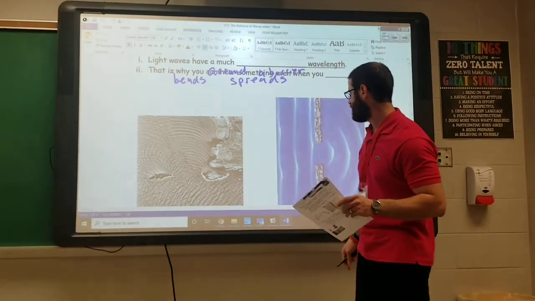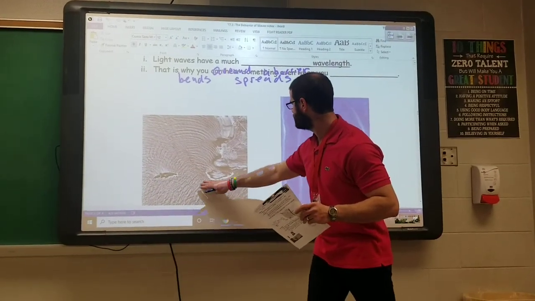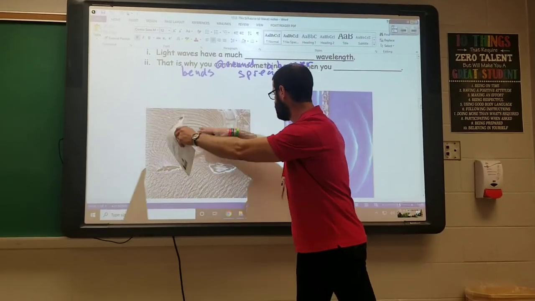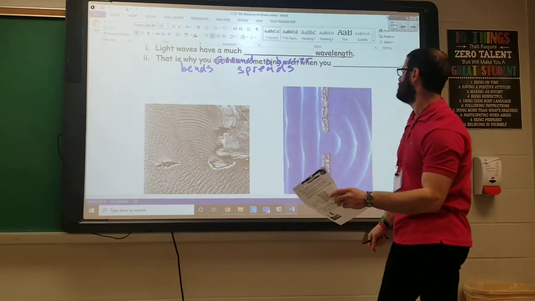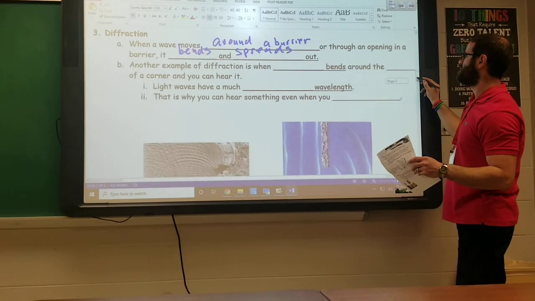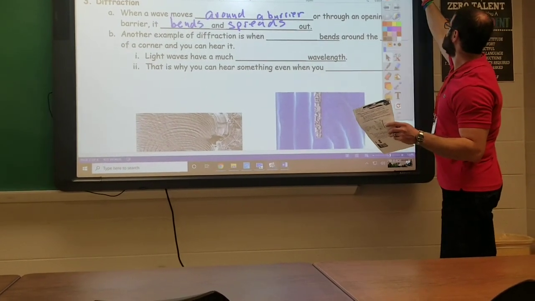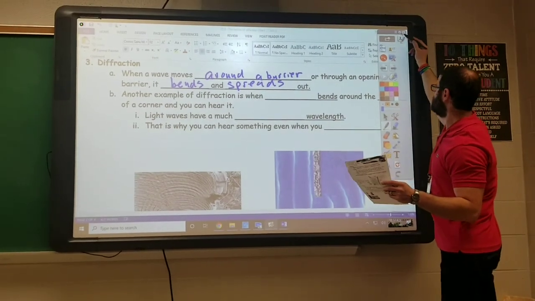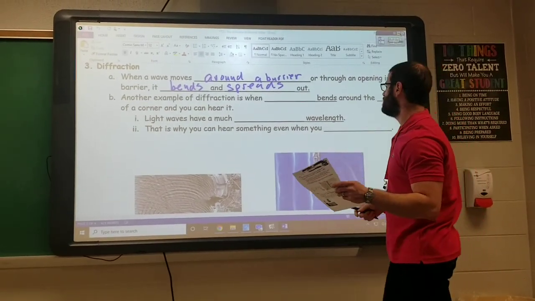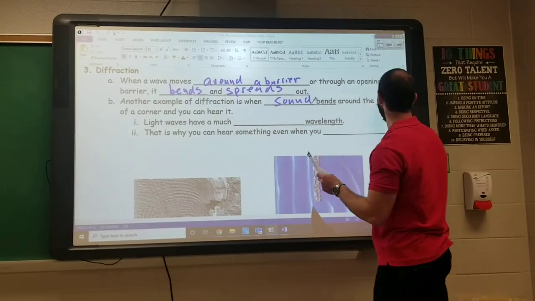We can see a change in direction. Also, as the waves move through this opening here, again, they change direction, they bend, they spread out. And with sound, we can see this concept of diffraction when sound actually bends around a corner.